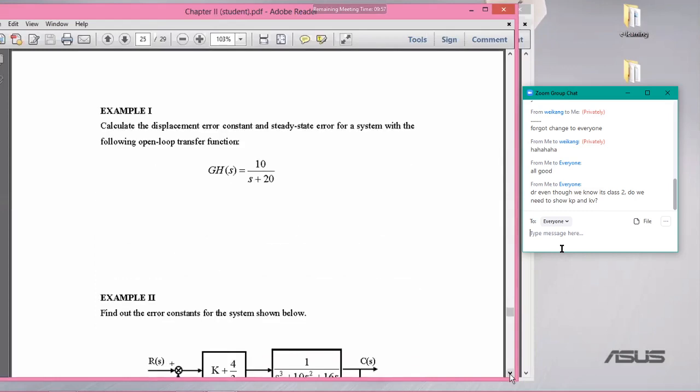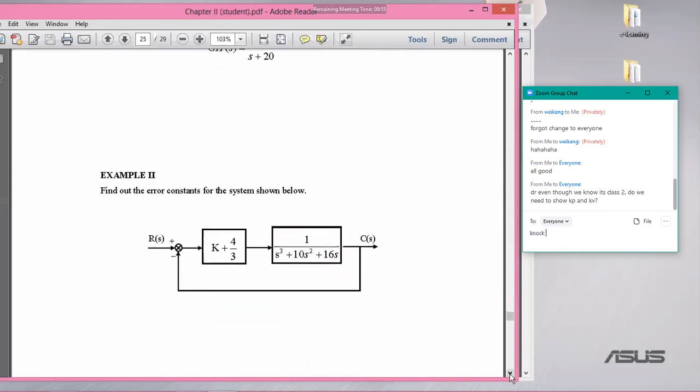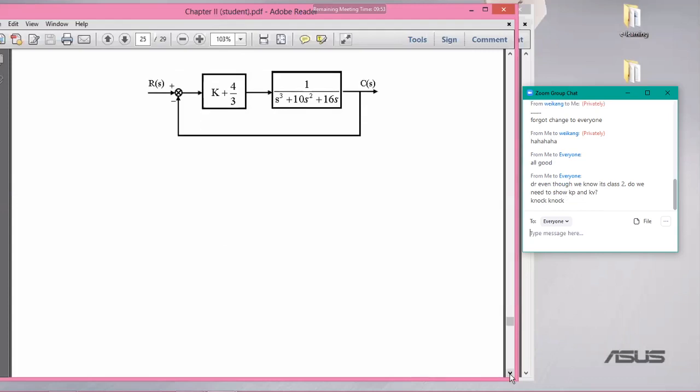So next, we are going to discuss the control action.